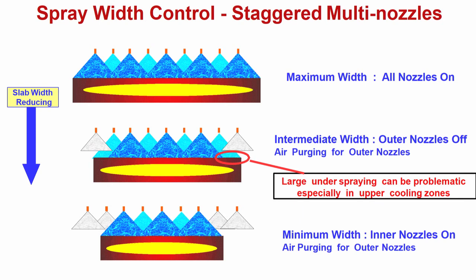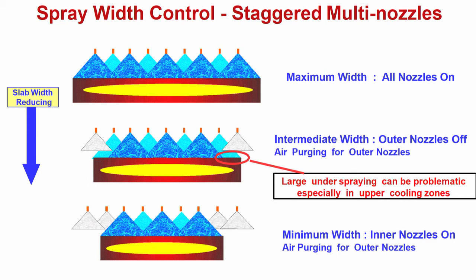Spray width control means you can intentionally switch off certain nozzles, you do not allow cooling through those nozzles. So, the spray width you can control, intensity you can control, width also you can control. With the help of these two controls you can have the desired surface temperature on the strand.